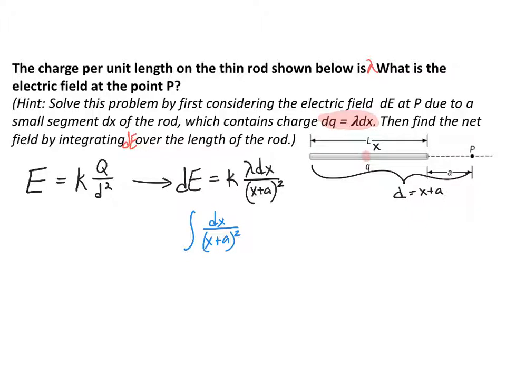Let's pull the calculus away for a second and just, how do we go about doing a problem like this? Well, we'd probably want to do a u substitution. So if you let u equal x plus a, then you're going to get du per u squared, which means the integral of u to the negative 2 du, which means you get a negative u to the minus 1 plus some constant. Okay, which means that's going to come out as a minus 1 over (x plus a) plus the constant.